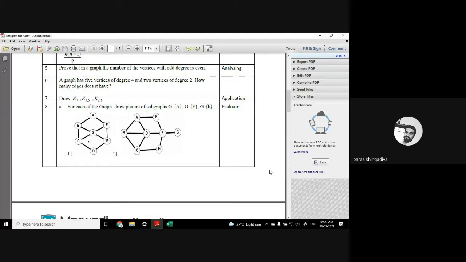So 3 vertices are in one partition and 5 vertices are in the opposite partition, the second partition.